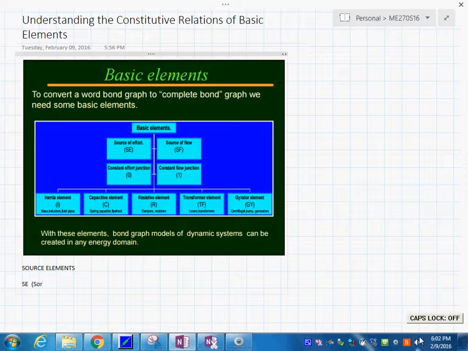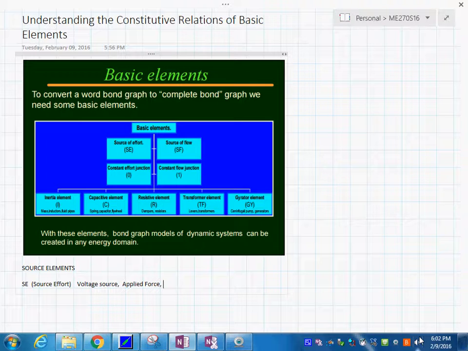Okay, and so let's go one by one. Let's give some examples of this. A voltage source, like for example the wall, 110 volts, that's a voltage source. Applied force, okay, that is a mechanical system, that is a source of effort.